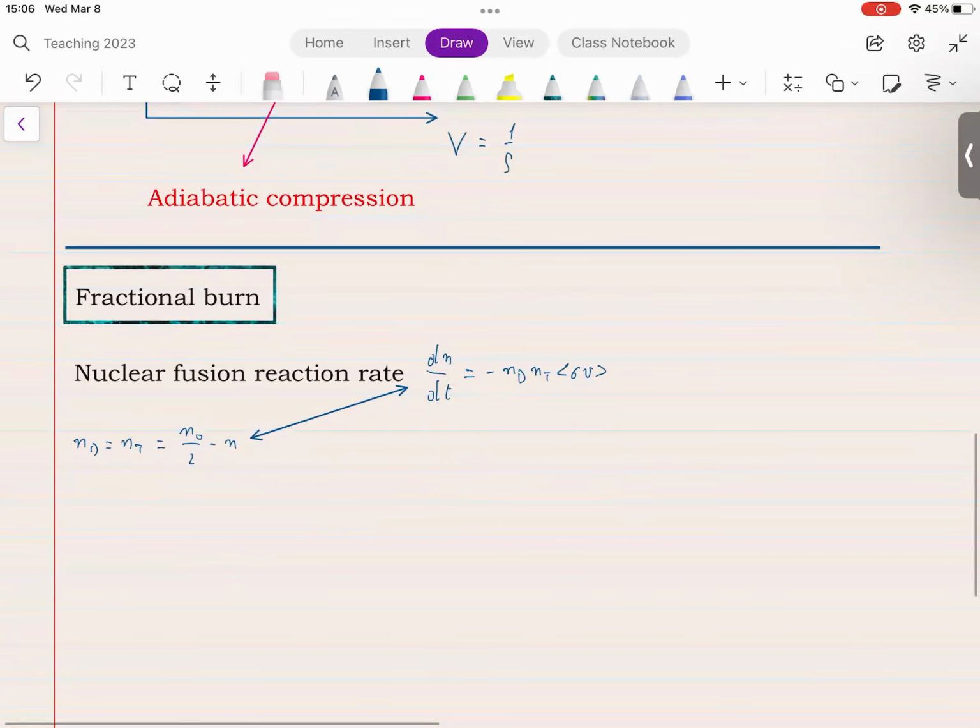So as a function of time, the burn fraction F sub B is going to be equal to N over N0 divided by 2, sorry.